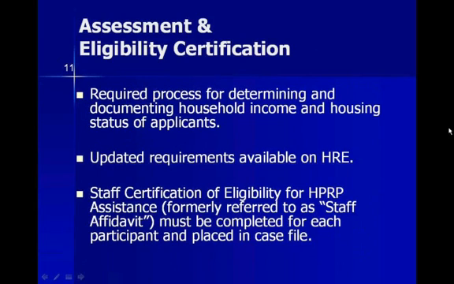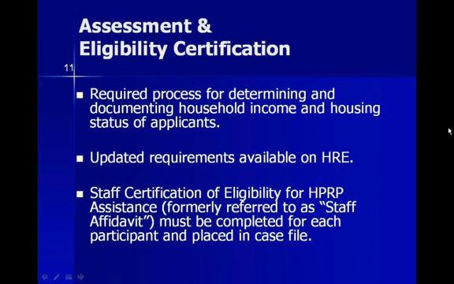So the staff certification must be completed and signed by the person determining eligibility and that person's supervisor for all households who are determined eligible. And the staff affidavit went into effect on November 1st, so you all have been using that form since November 1st. As I said earlier, and Tom said as well, we updated the staff certification.